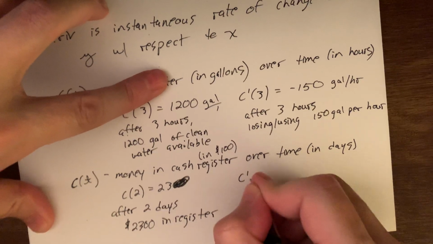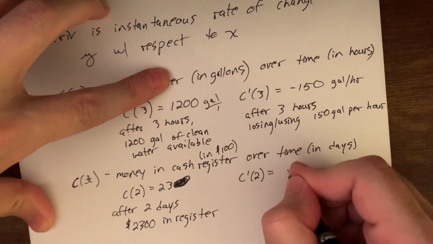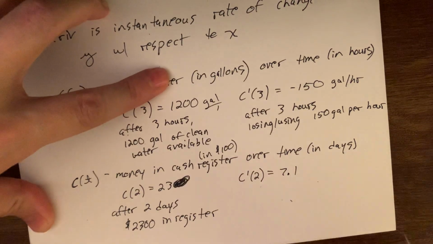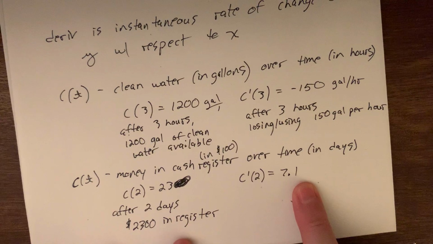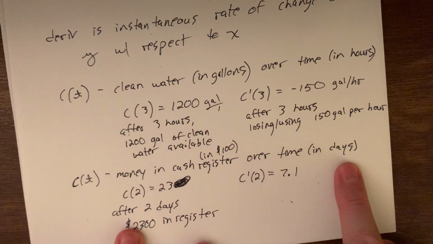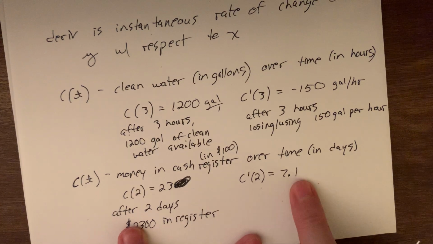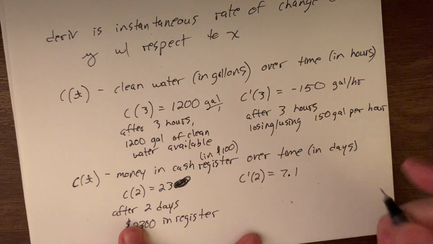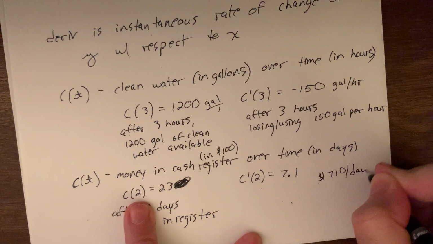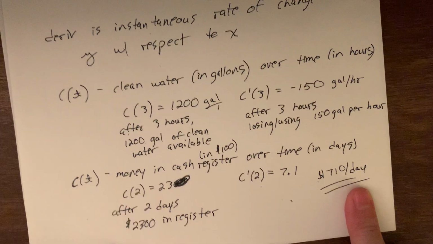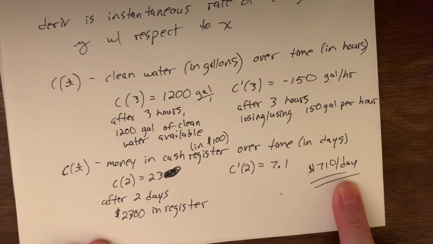If I said C prime of 2 equals, let's say, 7.1, well, units, 7.1 hundreds of dollars per day. If we do that little translation, since it's a little awkward to say 7.1 hundreds of dollars, that would be $710 per day. And again, that is not a total, that is a rate of change.